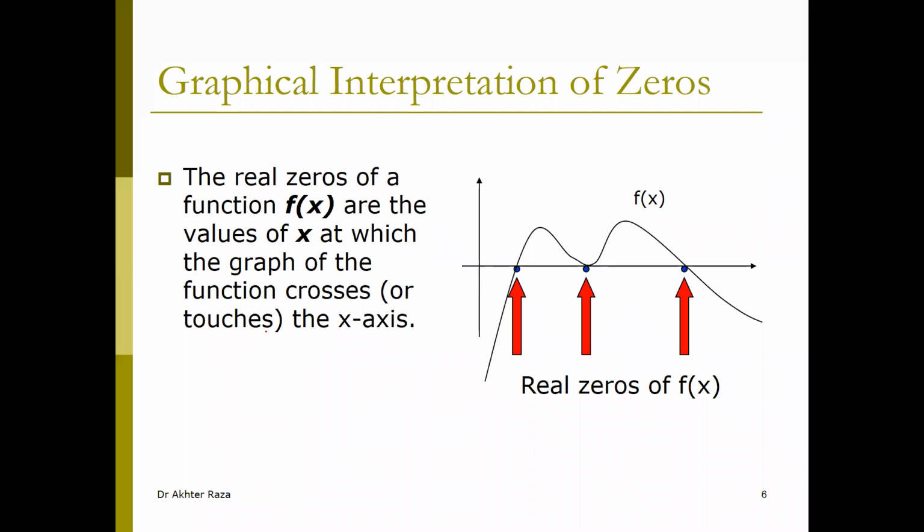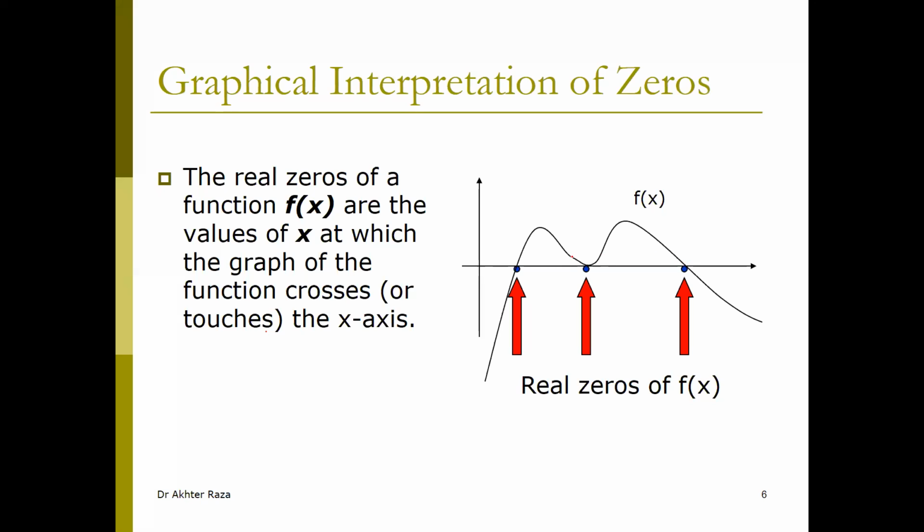What is the graphical interpretation of these zeros? The real zeros of a function f(x) are the values of x at which the graph of the function crosses or touches the x-axis. You can see that this graph is passing through the x-axis at 3 distinct points.